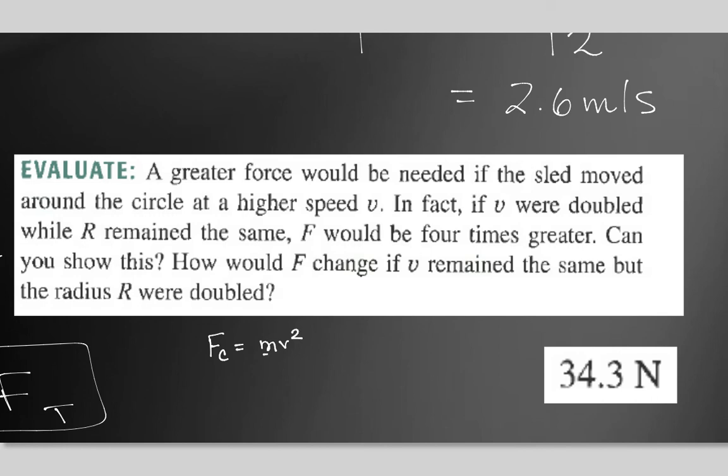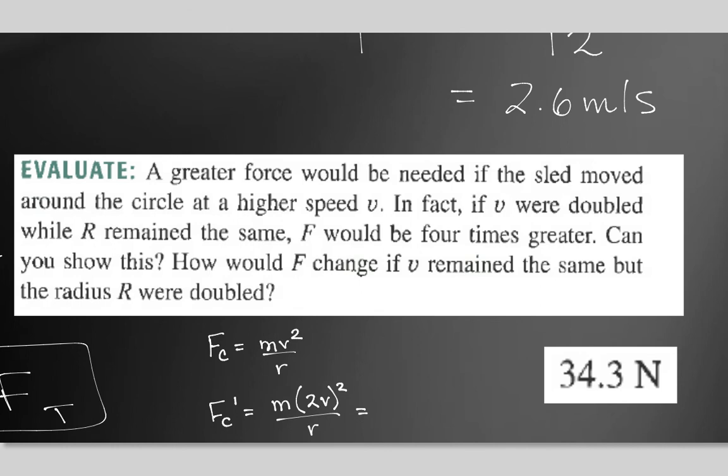So we know that mv squared over r is the formula for the centripetal force. They're going to tell us that the velocity is doubled. So the new force, Fc prime, will be m in a bracket 2v all squared over r, as the mass and the radius are staying the same.